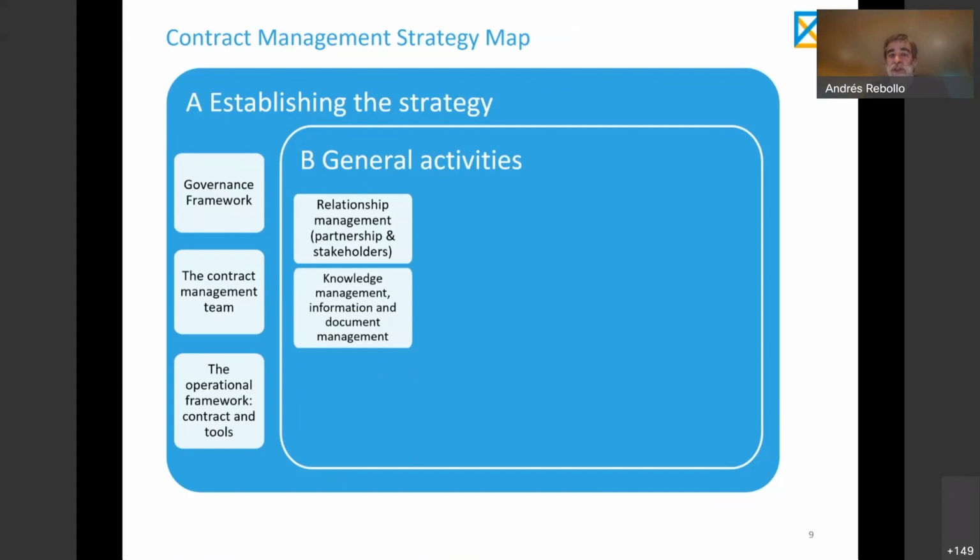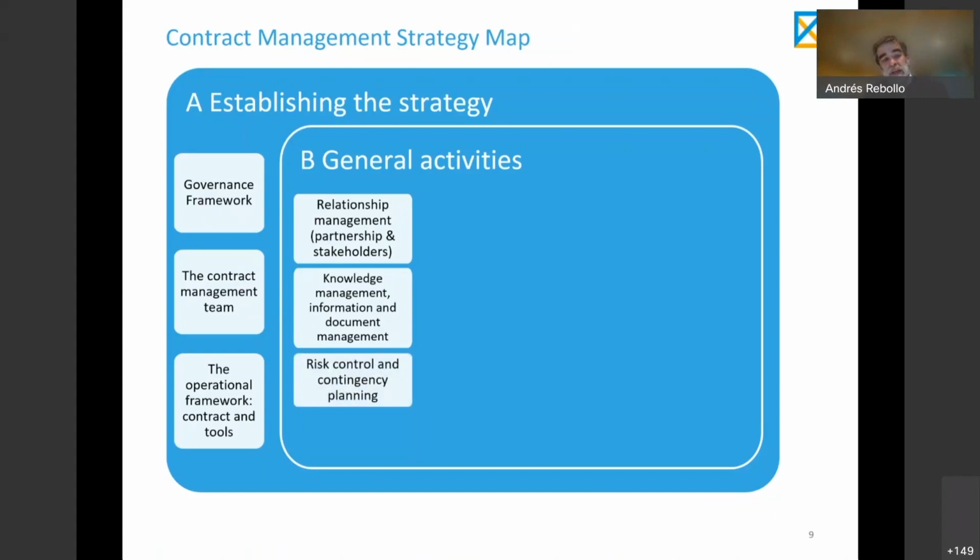We need to manage succession planning, to manage the hole that can suddenly appear when somebody relevant is moving from the government to the private sector or whatever. But this person had a lot of knowledge of the project. We need to manage that, the succession. This is related to managing information, collecting information, and managing documents, registering things so they are accessible, knowledge management.